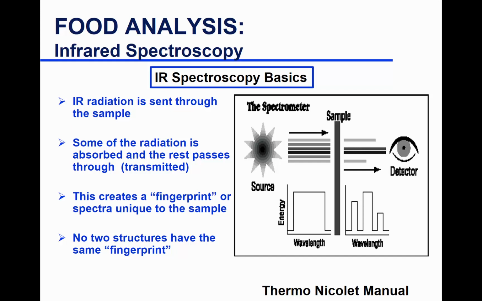In IR spectroscopy, we're measuring transmittance, not absorption. The transmitted light gets to the detector and generates a spectrum, and this spectrum is unique to your sample, unique to the components. It has a fingerprint characteristic. No two structures have the same fingerprint, so it's highly specific.